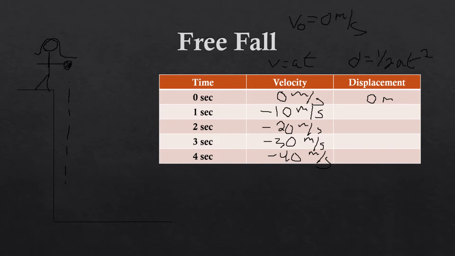So we've actually been doing this math all year long, and I just want you to see it's that similar. So d equals 1/2. A is -10. A is the gravity. And we're just going to plug in the time. We're going to do that every single time, every single second. 1/2 of -10 is -5. 1 squared is 1.